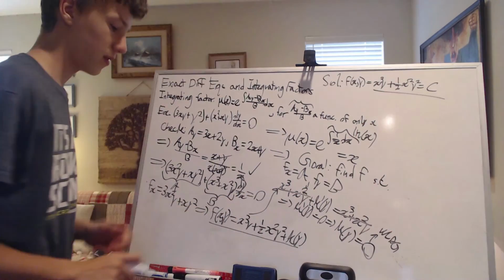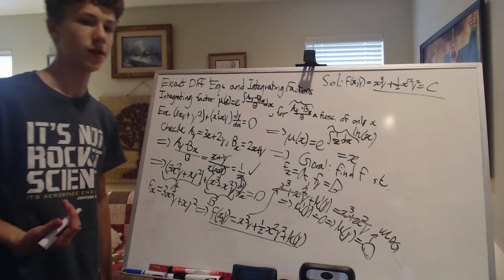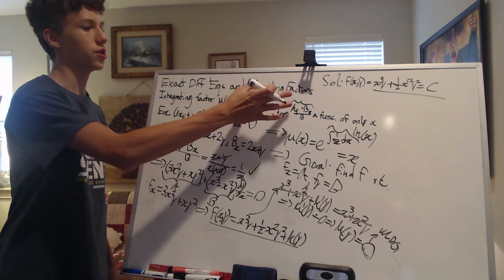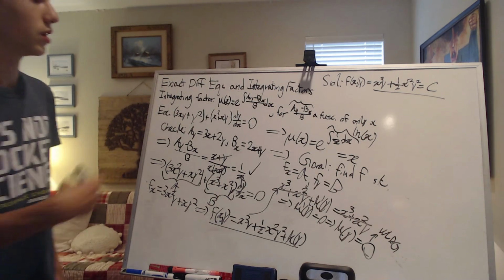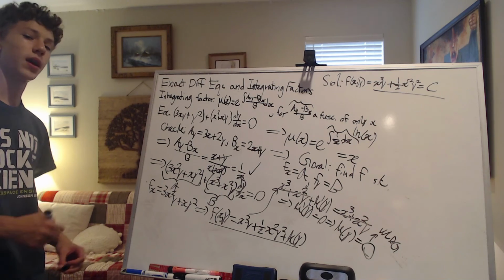So that is our family of solutions. So that was also a nice review of solving exact differential equations, but also combining what we learned about integrating factors and how they relate to exact differential equations.